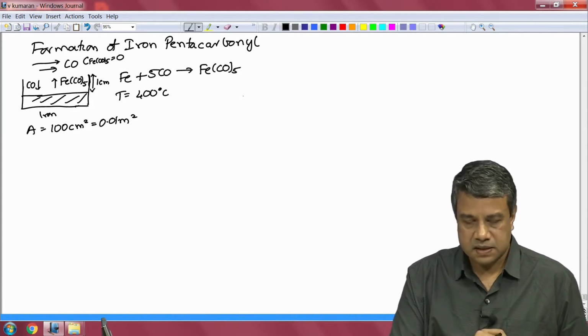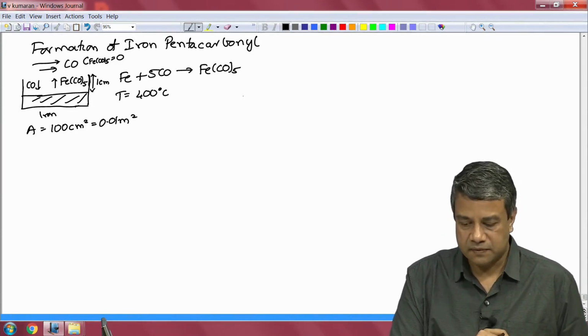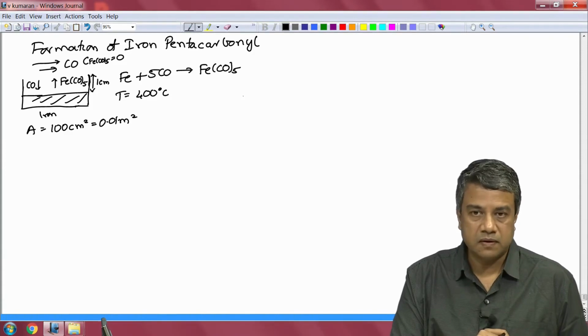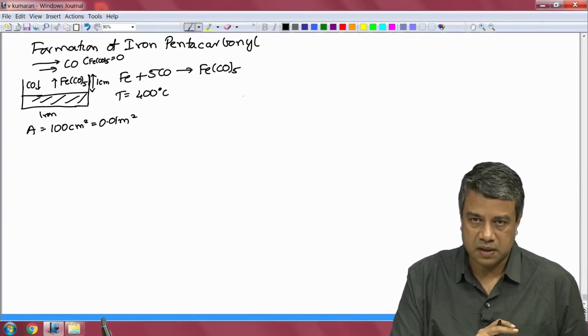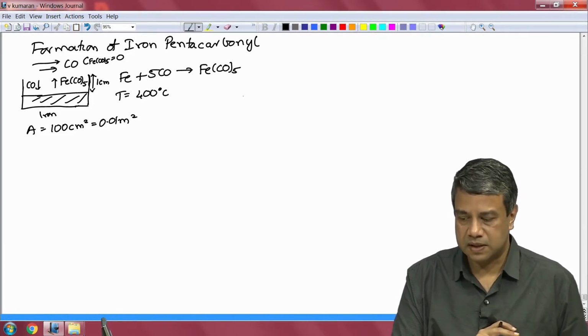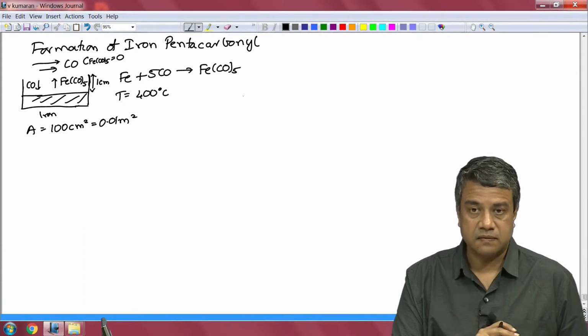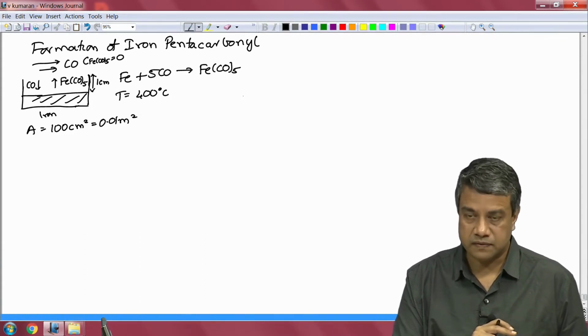Now, in this case, the relationship is that for every 1 mole of iron pentacarbonyl that is coming upwards, there have to be 5 moles of carbon monoxide coming downwards. That gives us a condition for the relationship between the moles of these two species.